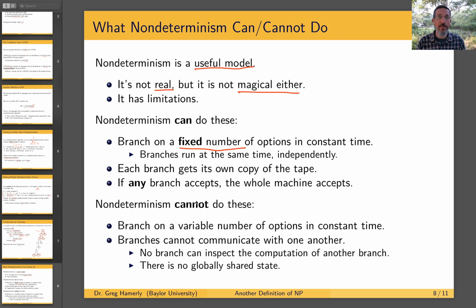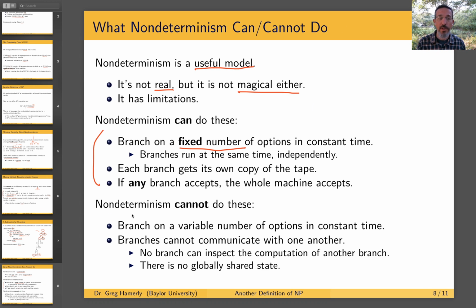So it doesn't matter if all but one branch rejects, if one branch accepts, the entire machine accepts. So these are things that non-determinism can do. It can branch on a fixed number of items. It can run all those branches independently. It has each branch get its own memory, and it can accept if any branch accepts.